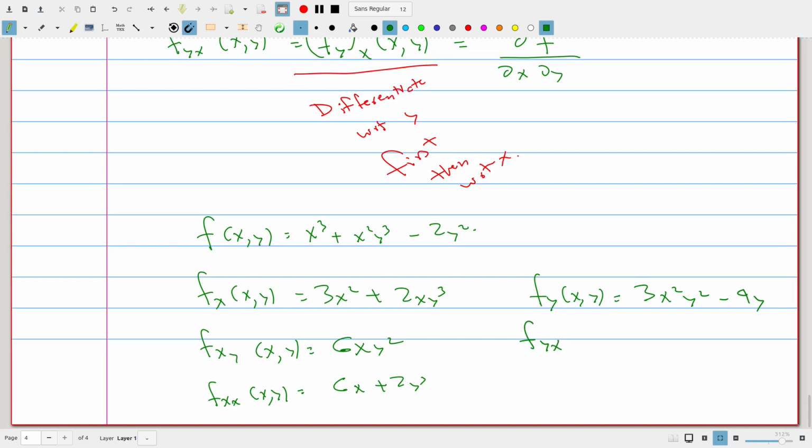fyx is equal to, of course you differentiate with respect to x first, 6xy squared. And fyy equals 6x squared y minus 4, right?